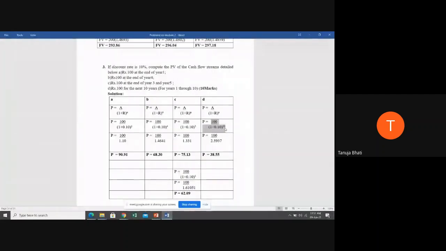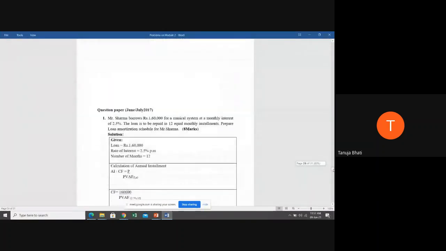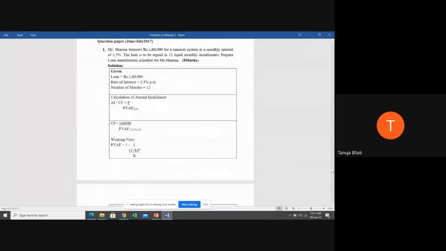So n will be 10 years. Yes, ma'am, they've tricked the question, I guess. Yeah, they have given the sentence in a different manner earlier, but 1 to 10 years means 10 years.